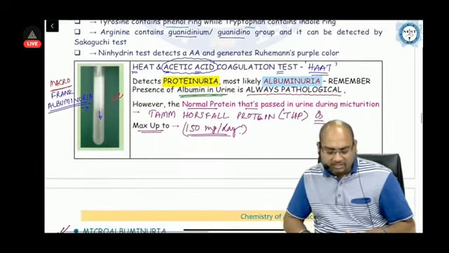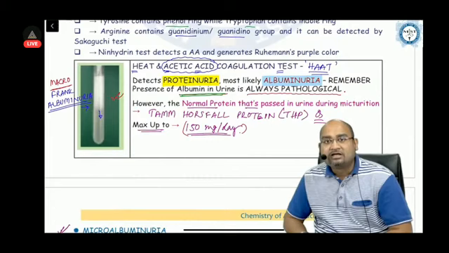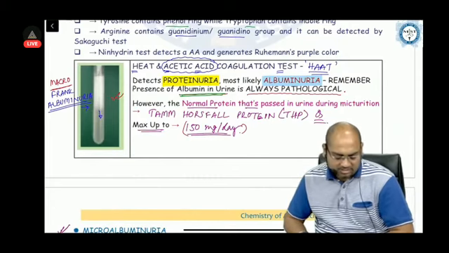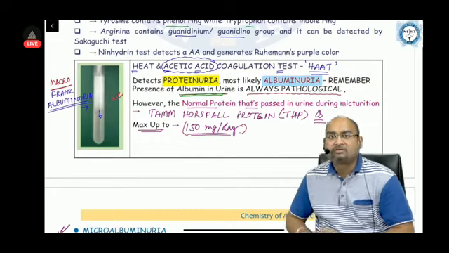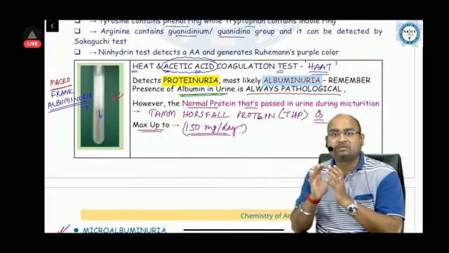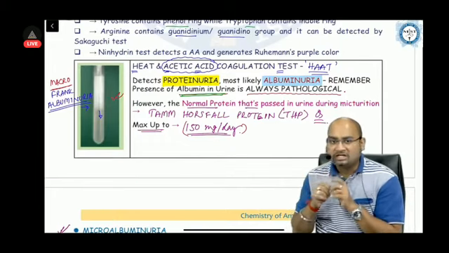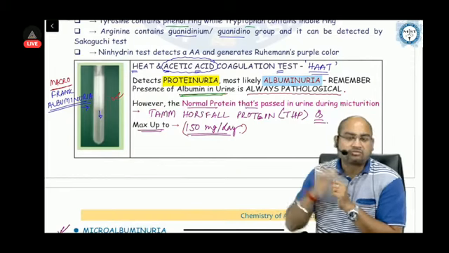We have studied about the heat test. This is for detection of frank proteinuria. Whenever we have a huge amount of protein coming out in the urine, we can heat it and see the coagulation.